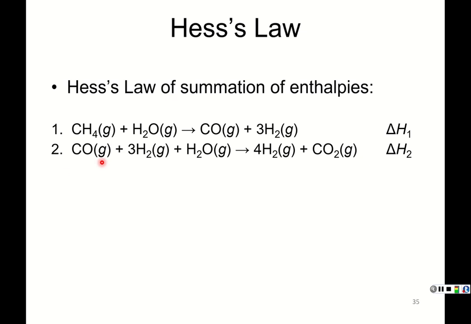Our second step there was CO plus 3H2 plus H2O going to 4H2 plus CO2. Okay, that's delta H2. Right, we can cancel out things that are on both sides of the arrows. CO and 3H2 were the same in both of these equations, just on different sides of the arrow, so they will cancel out.